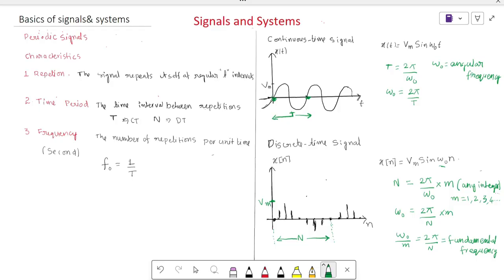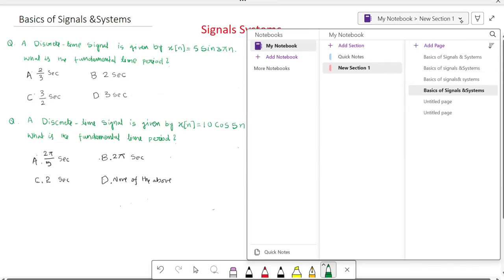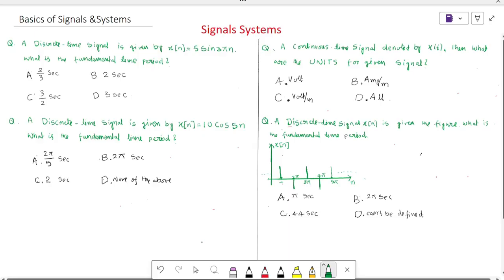Now, let us go for the problems. The first question: a discrete time signal is given by x of n equal to 5 sine 3 pi n. What is the fundamental time period? The given signal is in discrete time, it is not continuous. If it is continuous, the formula is different.